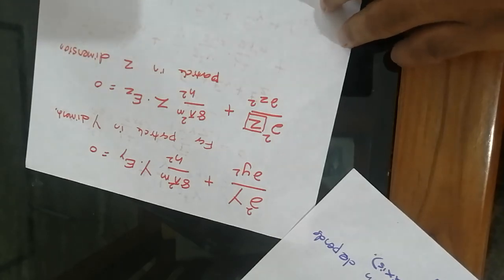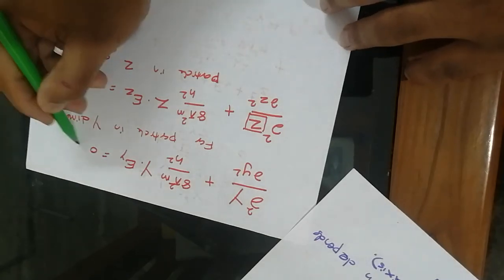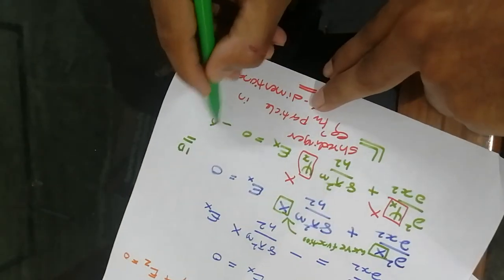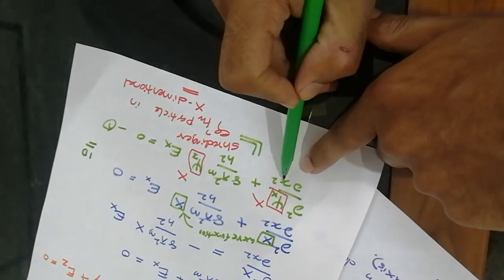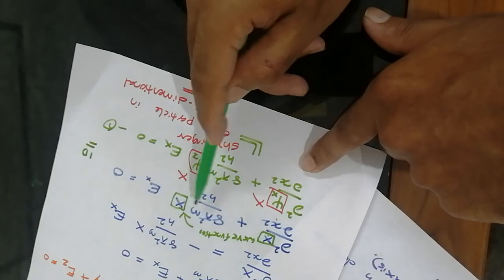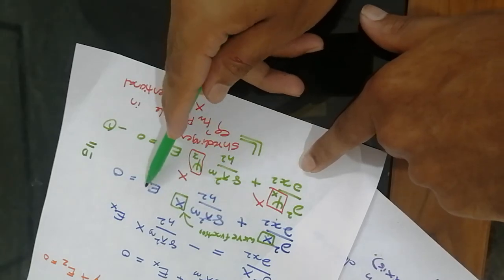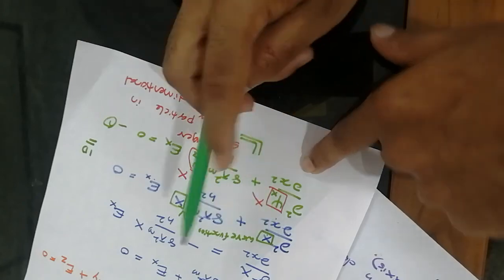Therefore, you got three equations: equation number 3, equation number 2 and equation number 1. Each equation has only one variable. What is the variable here? Wave function varying with x only, energy also varying with x only.